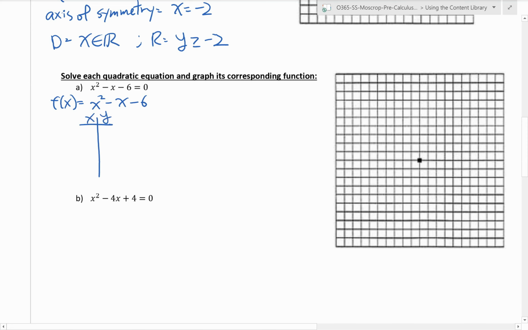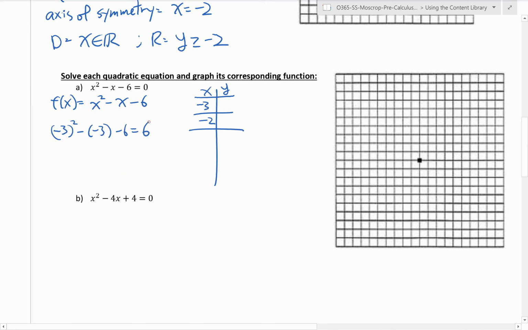Let me use the same thing, I guess: -3, -2, -1, 0, 1, 2. I don't even know if that's enough. I'm just going to plug it in and check. I'm going to do it right here, just so I have more room. -3 squared minus -3 minus 6.